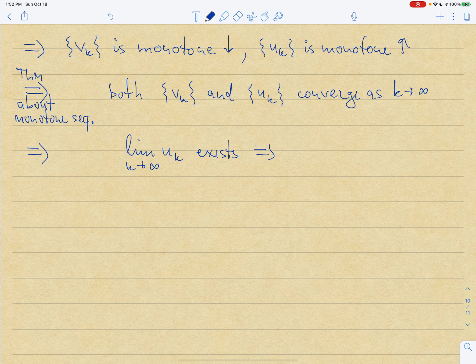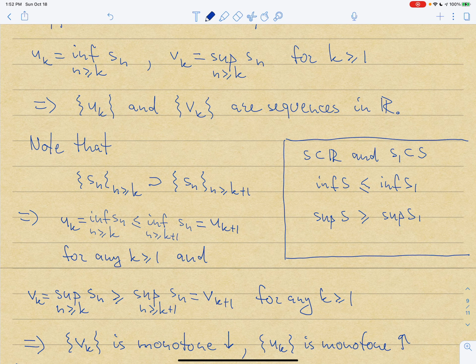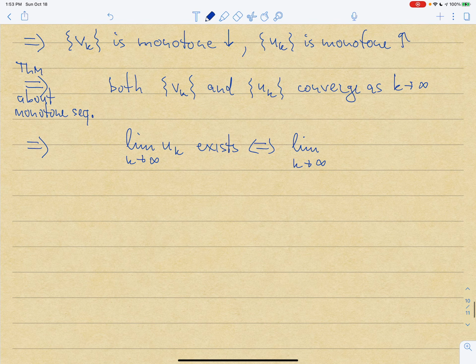What does that mean? It means that the limit as k goes to infinity of what? What was my uk? uk is infimum as n is greater or equal than k of Sn. So this is a limit of the infimum, n greater or equal than k, of Sn. So this is equal to some number or infinity.